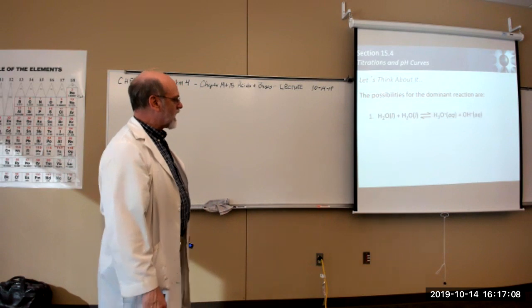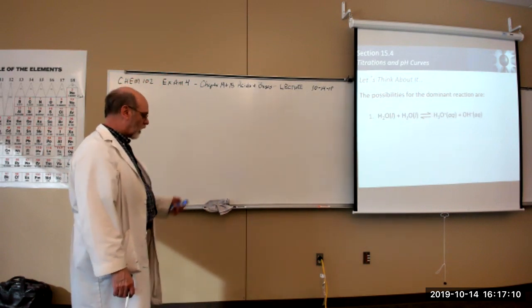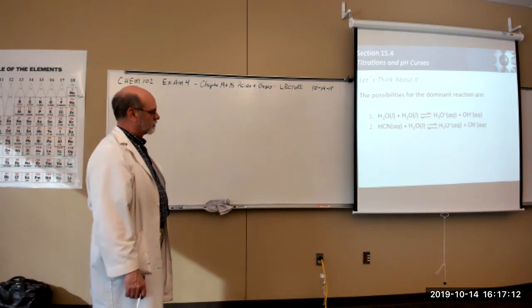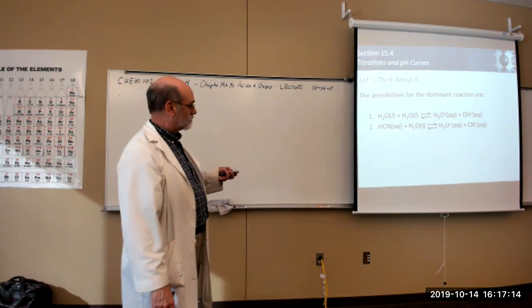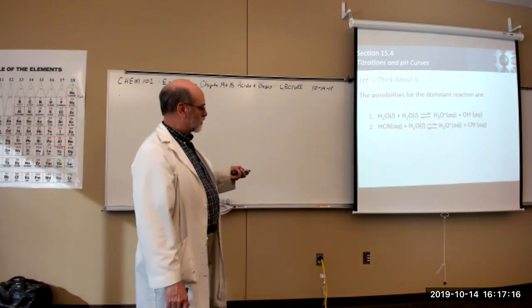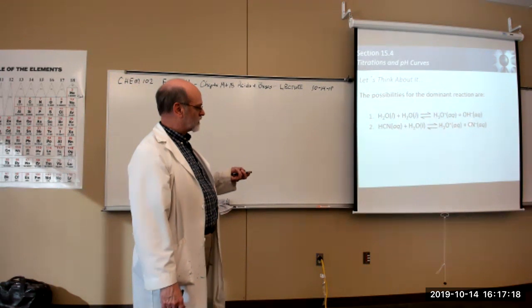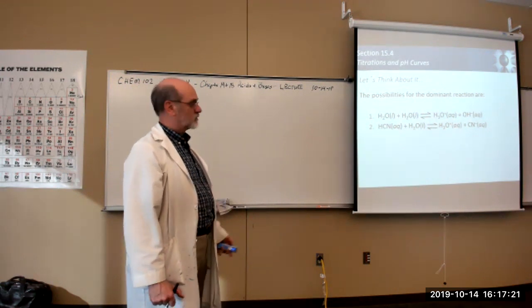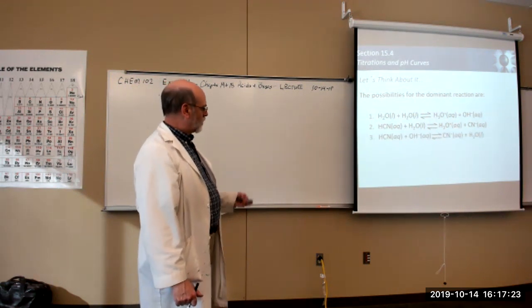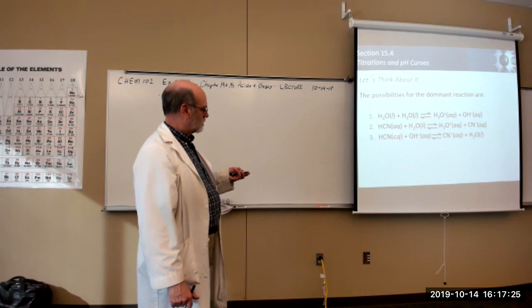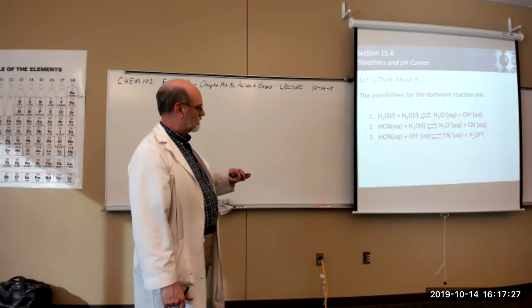So let's see, what reactions could happen? Well, there's water, of course. There's HCN in water, which would produce hydronium and cyanide ions. We know that one's real. What about HCN and OH to produce cyanide and water?